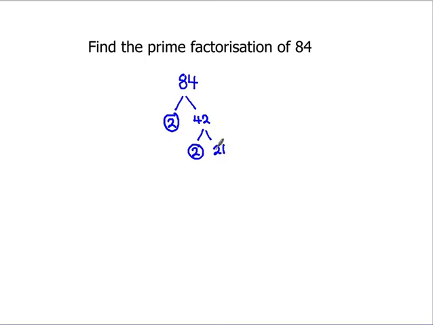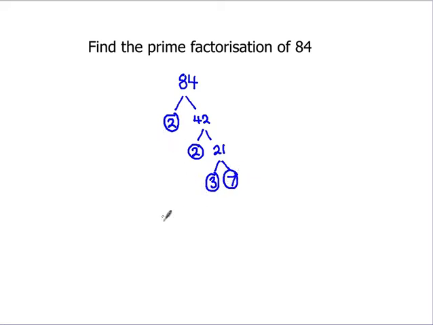Now obviously I can't half 21 because that's an odd number, but there are other ways of making 21 other than 21 times 1. So for example, I could do 3 times 7. Now 3 is a prime number, and 7 is also a prime number because there's no way of making 7 other than doing 7 times 1. So we can't go any further than we've got there.